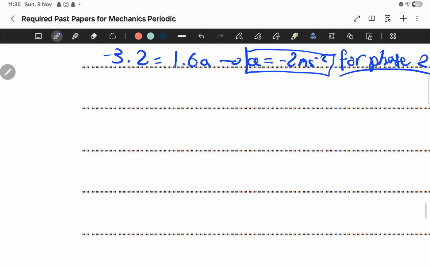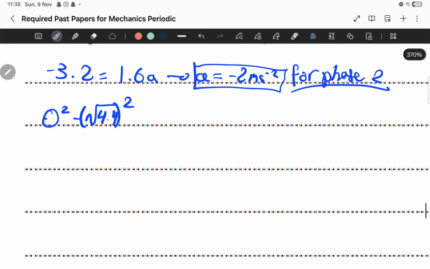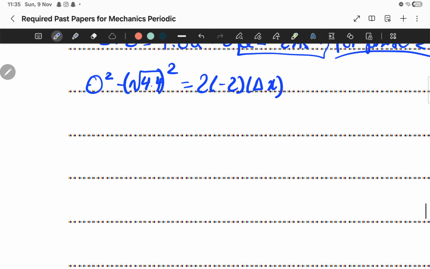So final velocity is going to be 0 squared minus root 4.4 squared, because that was the initial velocity in phase 2, equals 2 times negative 2, because that's the acceleration we found, times delta x, which is what we want to find. So negative 4.4 is equal to negative 4 delta x.